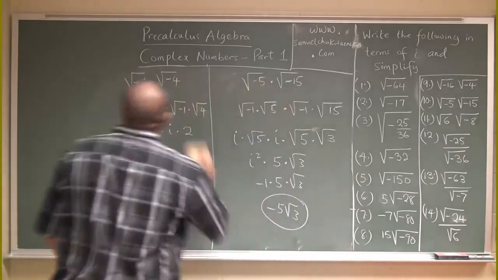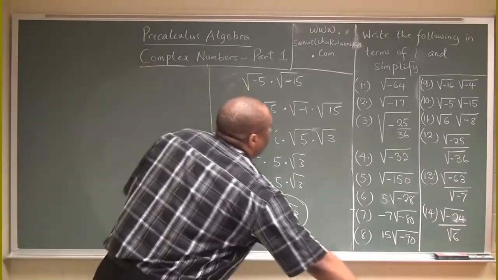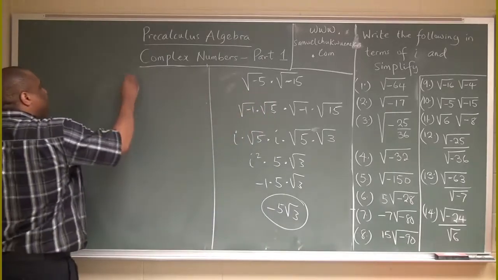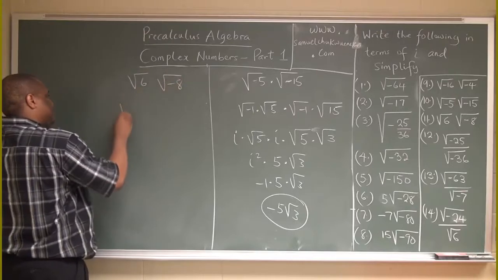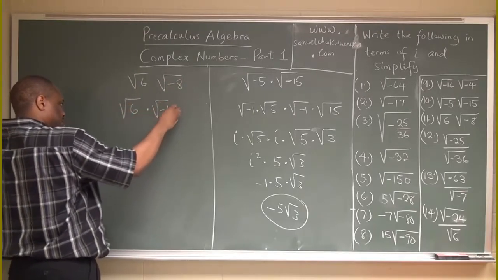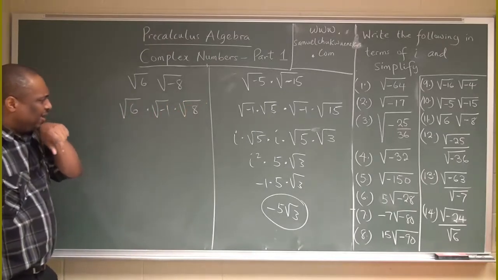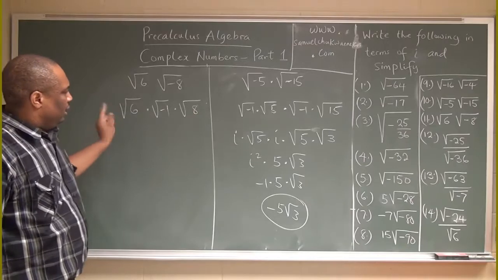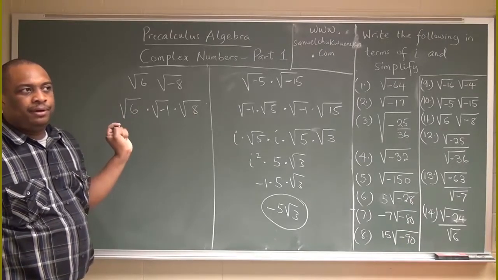Okay. The next one, we have square root of 6 times square root of negative 8. So this means square root of 6 times square root of negative 1 times square root of 8. We look at 6 and 8. We can have 6 times 8 to be 48.